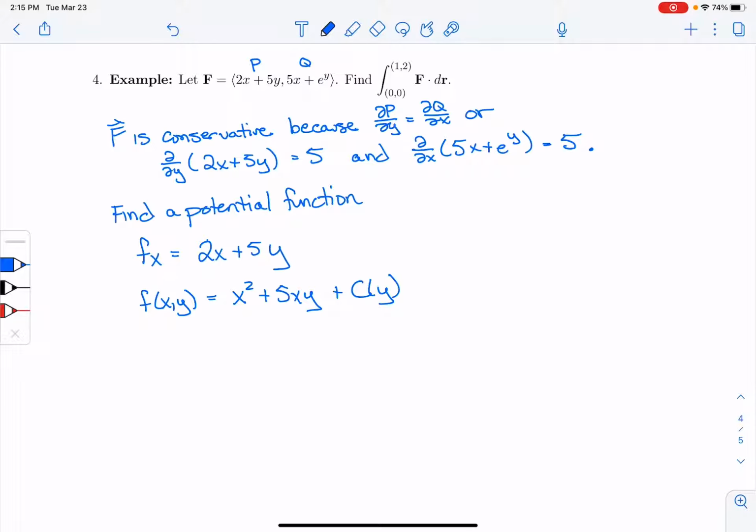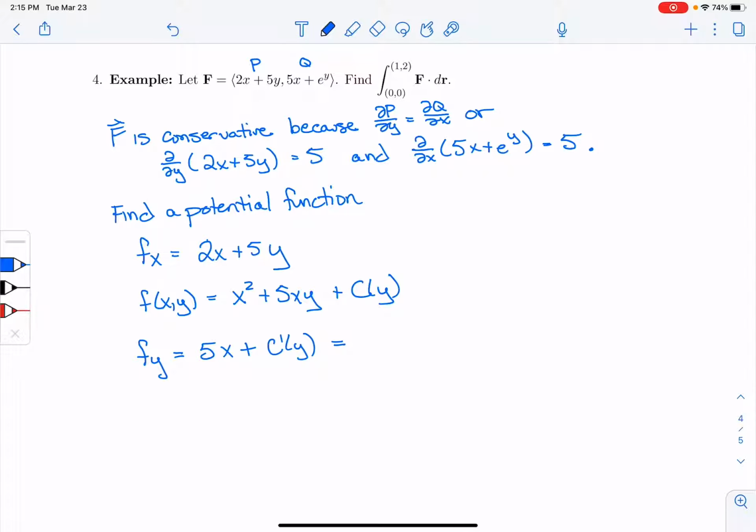So that is my potential function, but it's arbitrary up to some function of y. So I'm now going to take the derivative of that with respect to y. The derivative of x squared is going to be 0. The derivative of 5xy is going to be 5x. And then the derivative of c of y is c prime of y. And then I'm going to set that equal to Q.